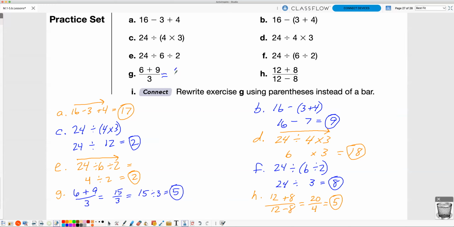So that's what I would say, 6 plus 9 in parentheses divided by 3. That's exactly what it would look like instead of the bar. It has to be in parentheses though, because that's the first thing I want to do. And you need to do that in any case. All right, there you go.